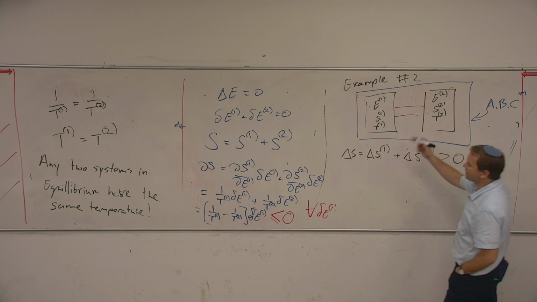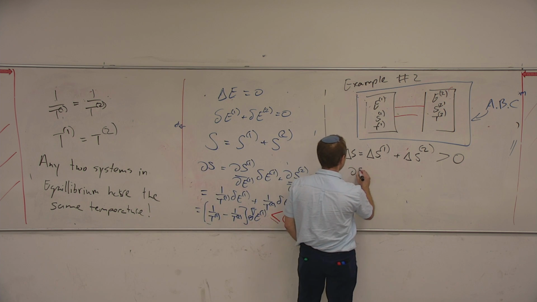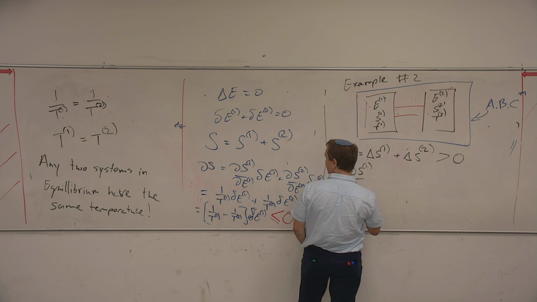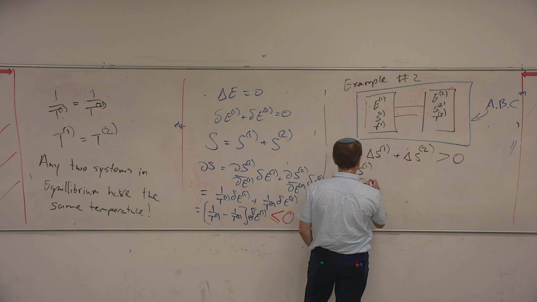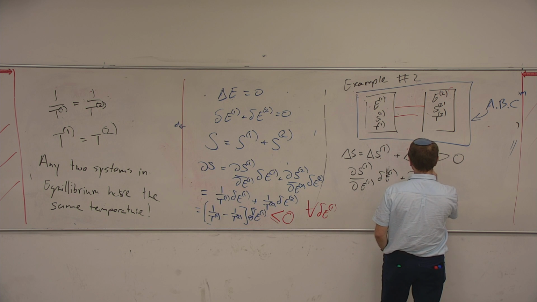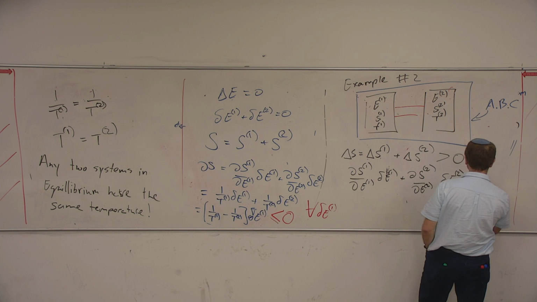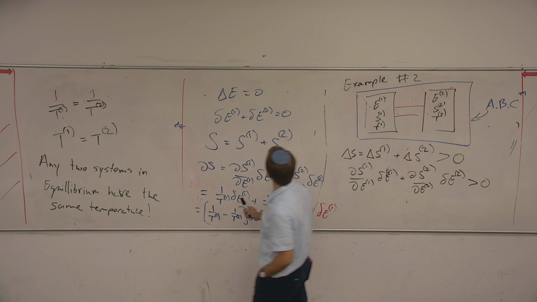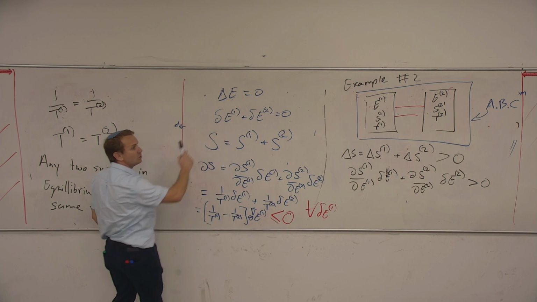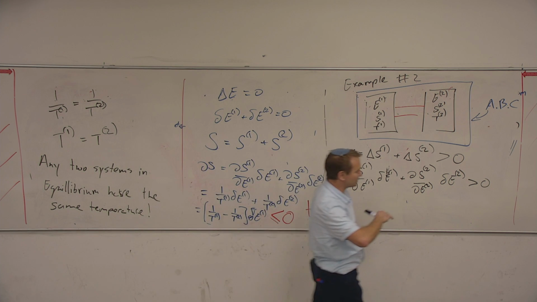Okay, so we can do this again. We have delta S1 over delta E1 times delta E1, plus delta S2 over delta E2 times delta E2, and this is greater than 0. Again, no energy flows out of the system or into the system.